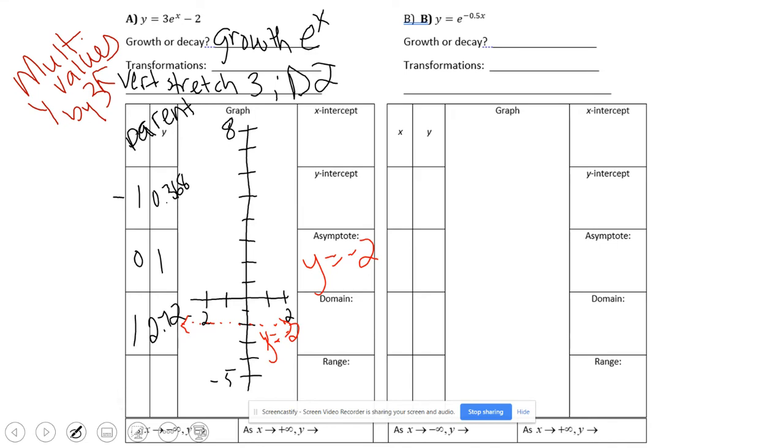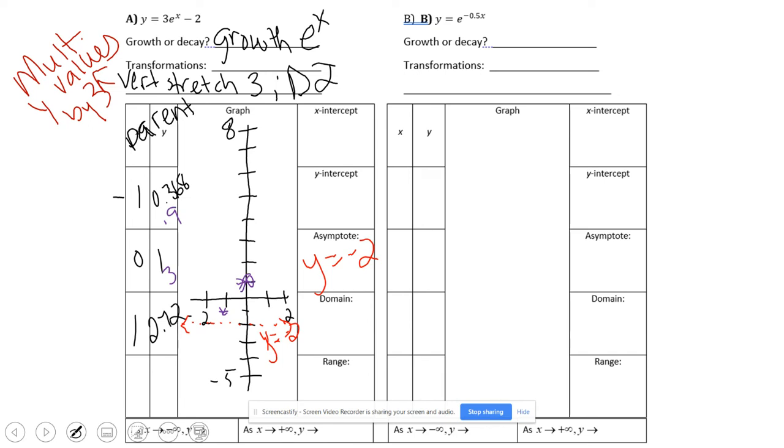So if I multiply 0.3 by 3, and then move it down 2, so that's basically 0.9 down 2, I'm going to be right around here. 1 times 3 is 3, down 2 brings us back to 0, 1.